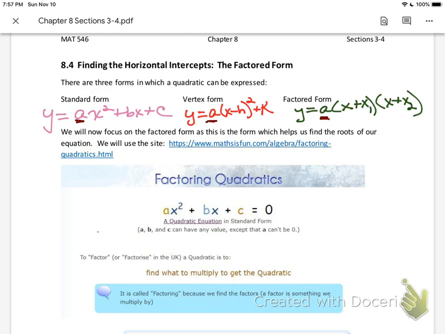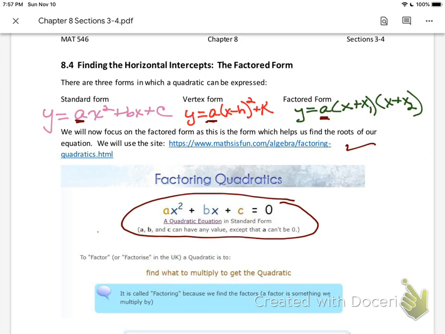Okay, we're going to focus on the factored form of things, and this gives you another little exercise that you could do. So here is our standard form, but notice that they've highlighted the a, b, and c because they're going to be instrumental in what we do next. Okay, a little definition. To factor a quadratic is to find out what two things or two factors multiply to get that quadratic back.